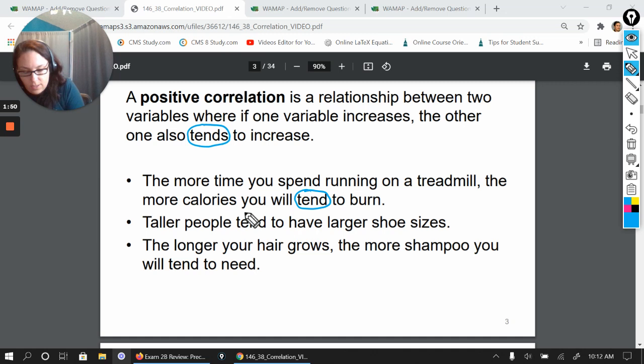Taller people tend to have larger shoe sizes. The longer your hair grows, the more shampoo you will tend to need. So this means we're talking about on average. So the word tend is another way of saying on average or in general.